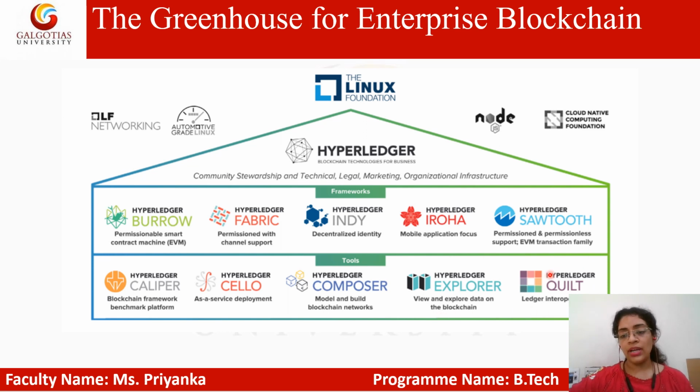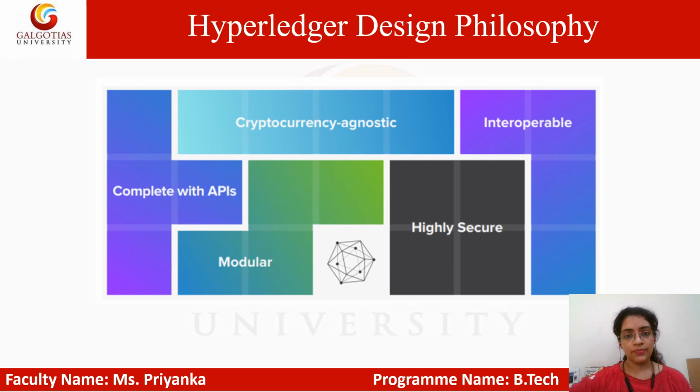Then there is Hyperledger Quilt, which is for ledger interoperability. So all these are the frameworks and tools which Hyperledger supports. Now, the design philosophy of Hyperledger includes these features: cryptocurrency agnostic, interoperable, highly secure, modular, complete with APIs. These are the design philosophies on which Hyperledger has been designed.